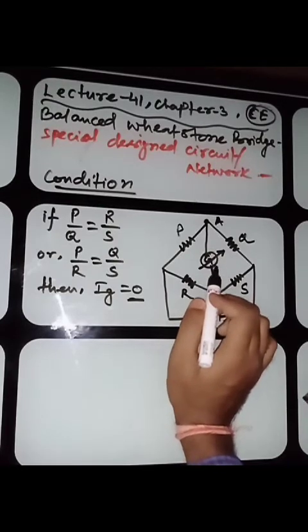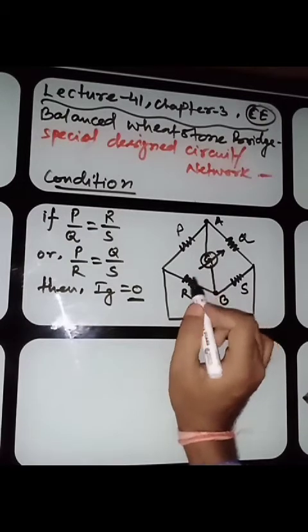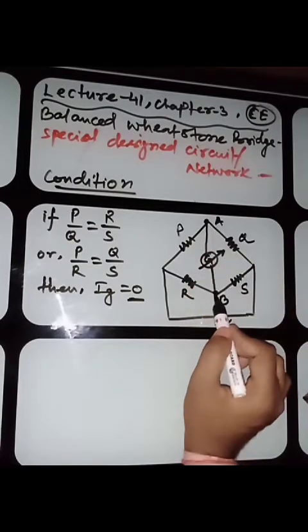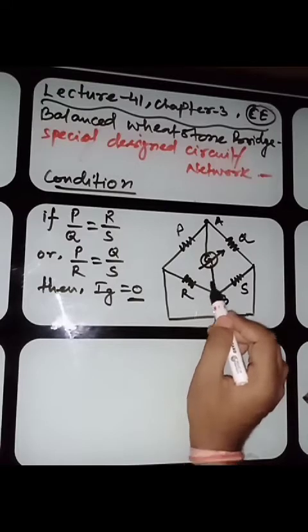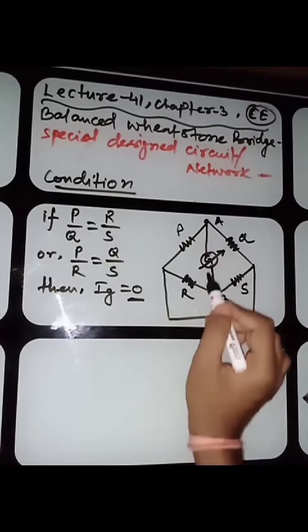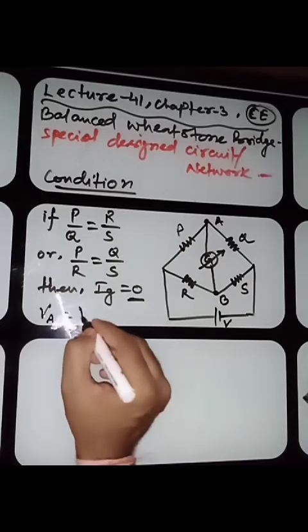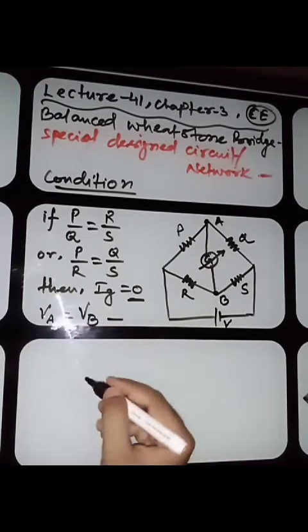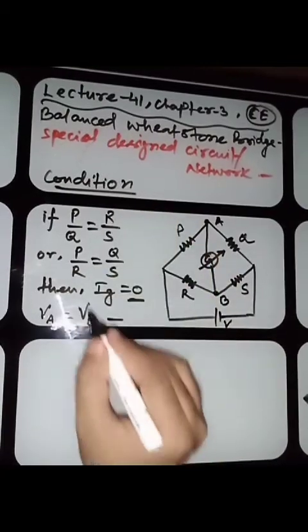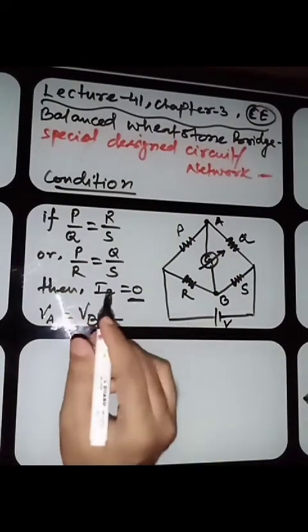If no current flows through this galvanometer, it means the potentials of A and B are equal. Of course, that's why the current is 0. So you can also write VA is equal to VB, and this is the entire condition of the balanced Wheatstone bridge.